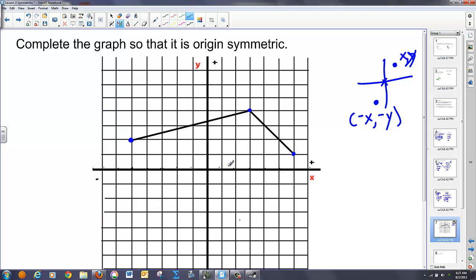So in this case, I have the point 6, 1. In this case, that's 3, 4. And over here, I have negative 5, 2. So now what I'm going to do is take all the opposites of these. The opposites of 6 and 1 are negative 6 and negative 1.